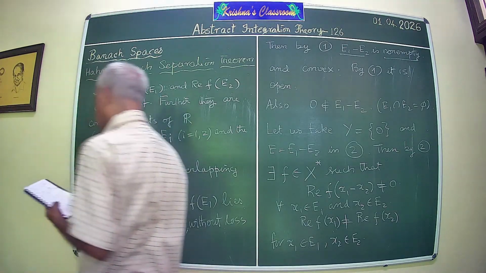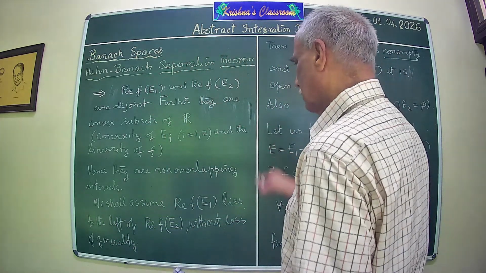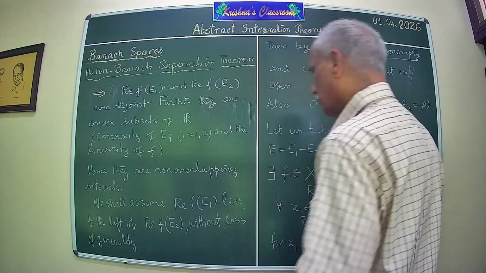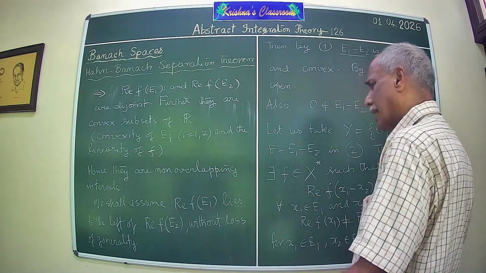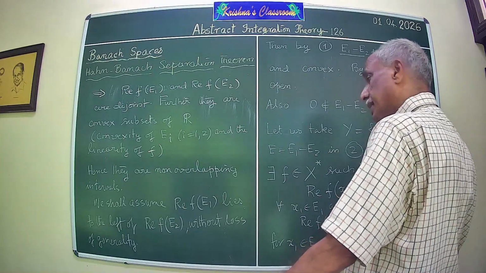Why without loss of generality? If that doesn't happen, it is going to be that real part of f of E1 lies to the right of real part of f of E2. Now work with minus f.